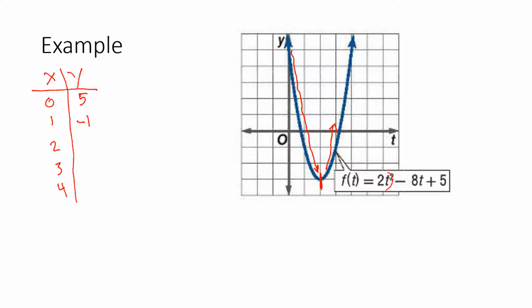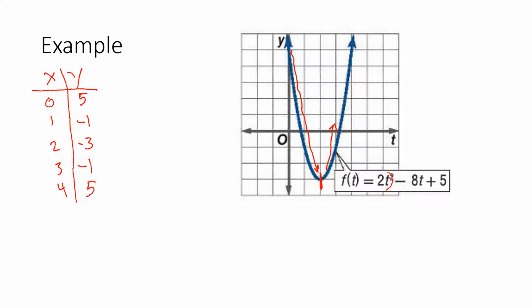So I'm going to have 8 minus 16 is negative 8 plus 5. This is going to give me a negative 3. And if I plug 3 in here, I'm going to have 9 times 2 is 18. And 3 times 8 is 24. The difference between those is 6, and so I'm going to have a negative 6 plus 5 will give me negative 1. And in the same way, I am going to end up with a 5 for my number 4.